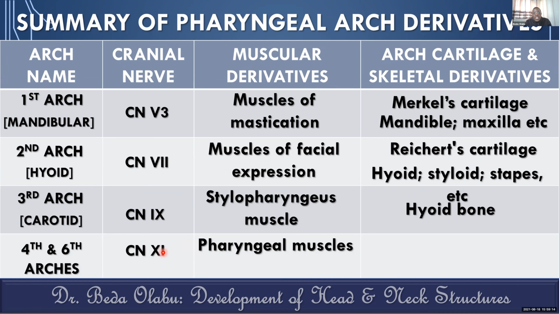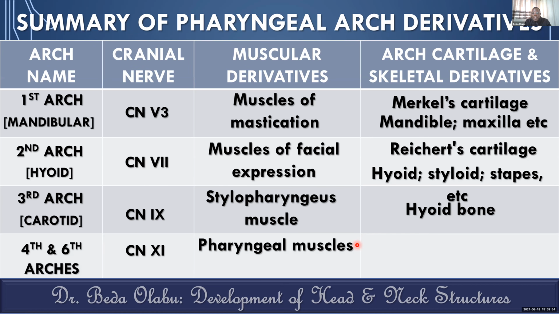So if we trace the musculature of the pharynx, the musculature of the pharynx is largely derived from the mesenchyme of the fourth pharyngeal arch. Basically, all musculature of the pharynx is derived from the mesenchyme of the fourth pharyngeal arch, except the stylopharyngeus muscle.